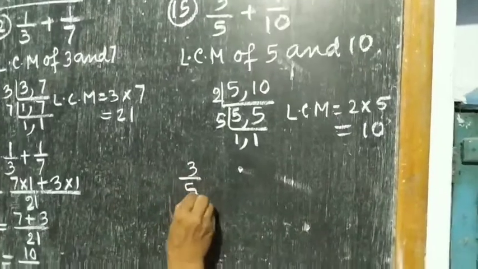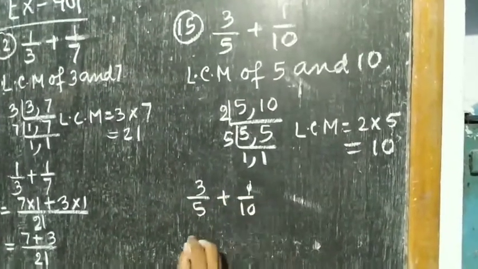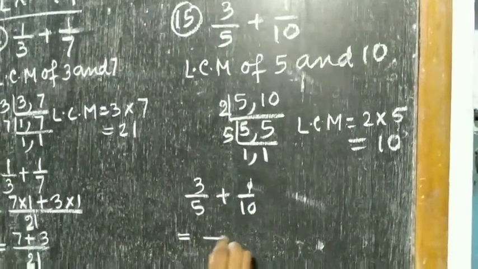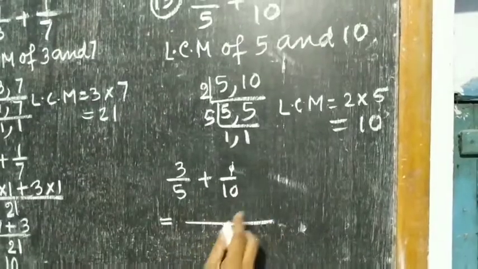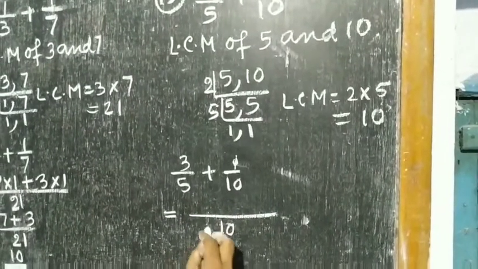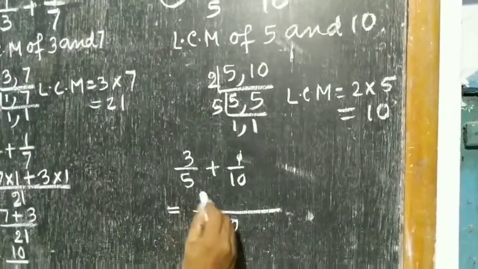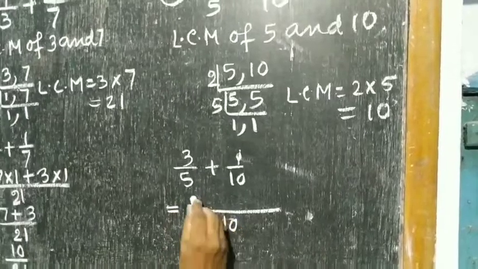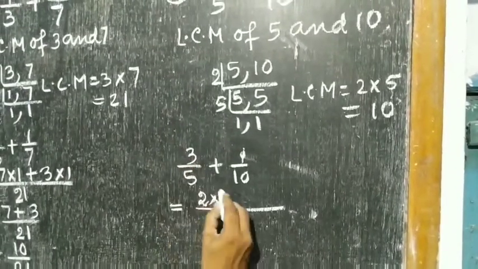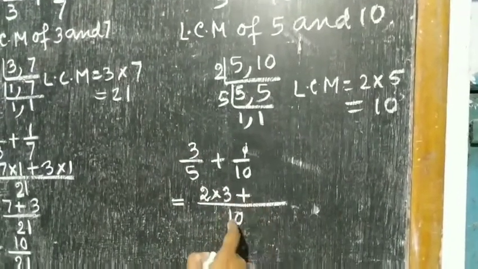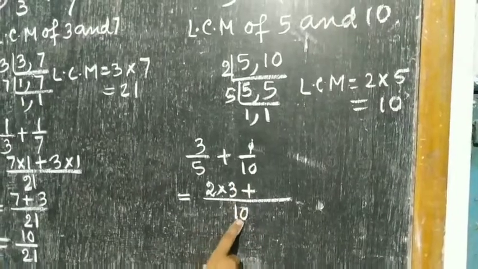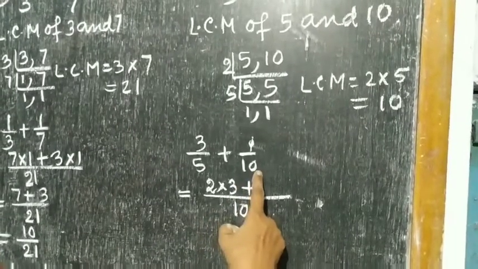Now again you write the sum 3 by 5 plus 1 by 10. So this will be equal to, so what is the LCM of 5 and 10? 10. Now children, you divide 10 by 5. So 10 divided by 5 is equal to 2, into the numerator 3, plus you divide 10 by 10.